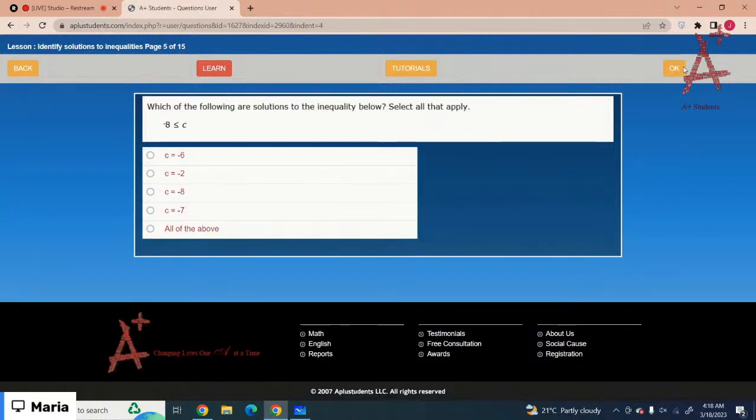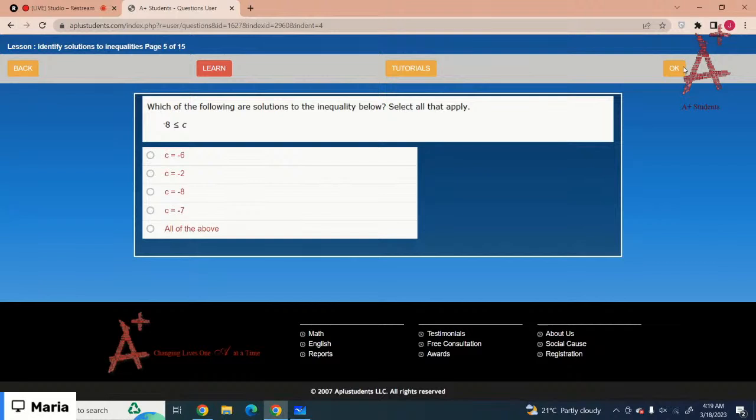Okay, the next one: which of the following are solutions of the inequality below? Select all that apply. 8 is less than or equal to c. Which is the correct option? -8 is less than or equal to c.